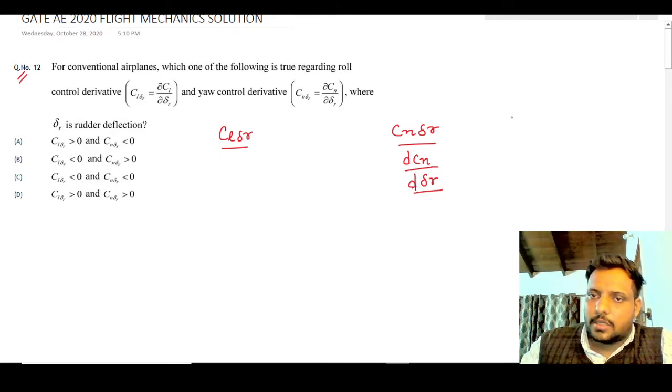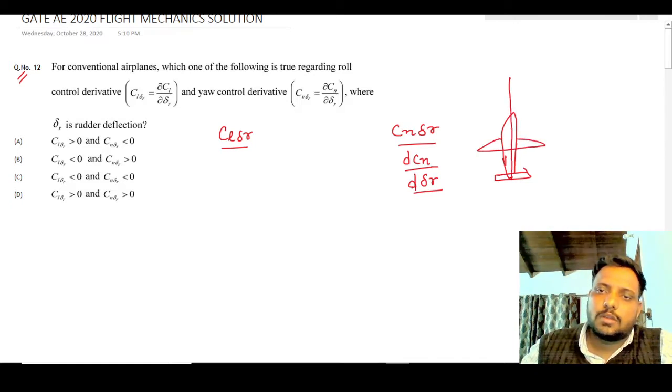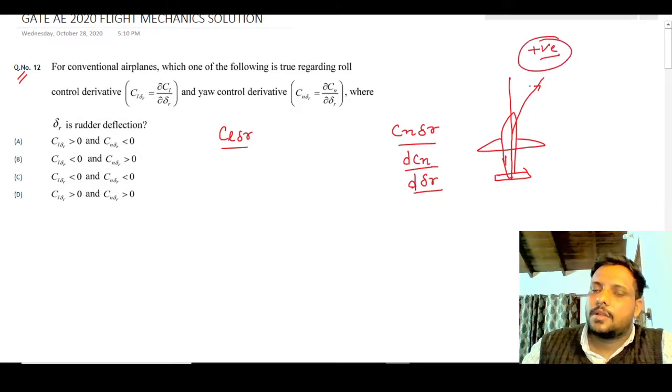We need to understand first what is the sign convention of yawing moment. So this is the tail, this is the airplane. So if the airplane is taking a yaw in this direction, that is taken as positive. Okay, so to take this positive, what kind of rudder deflection is required? That is important.